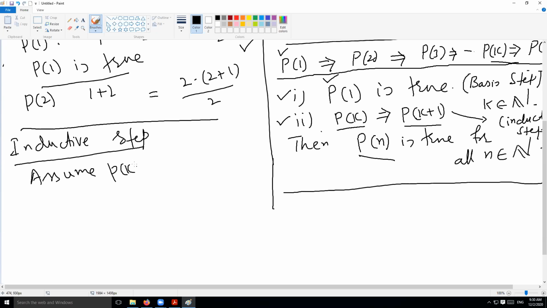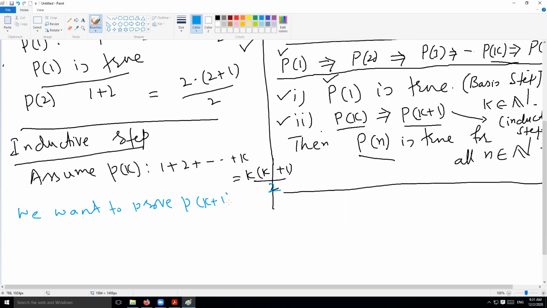In the inductive step, let's assume P of k. And what is P of k? Let's assume that the sum of natural numbers up to k is equal to k times k plus 1 over 2. And we want to prove P of k plus 1.